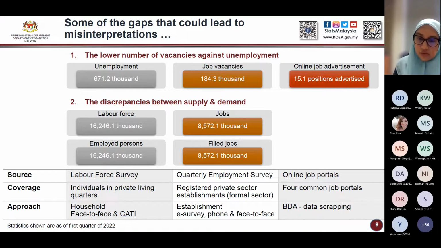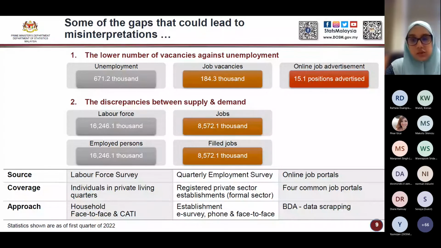So you see, when we produce this kind of statistics, these are among the questions that we faced, and we were not able to answer these questions if we continued to report it as it is.